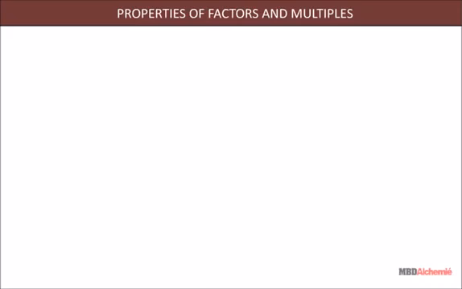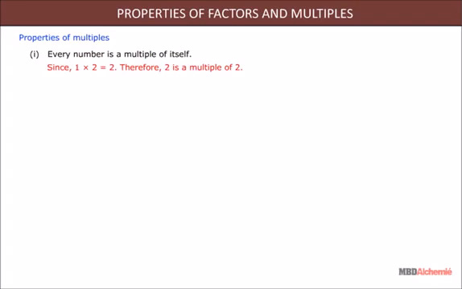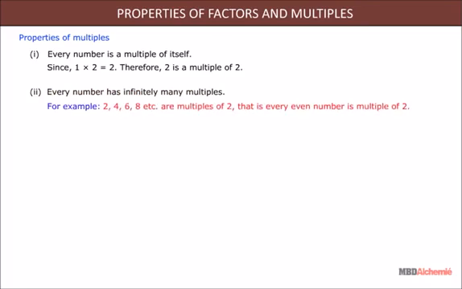Properties of factors and multiples. Properties of multiples. Every number is a multiple of itself, since 1 times 2 is equal to 2. Therefore, 2 is a multiple of 2. Every number has infinitely many multiples. For example, 2, 4, 6, 8, etc. are multiples of 2.